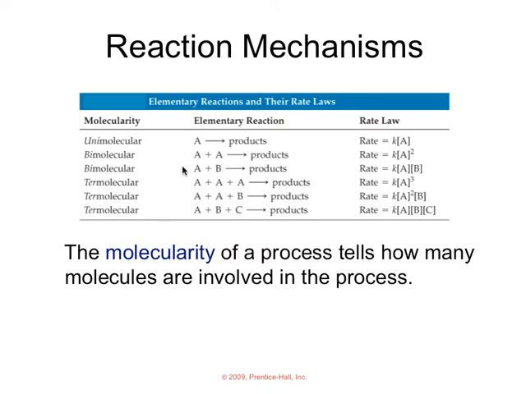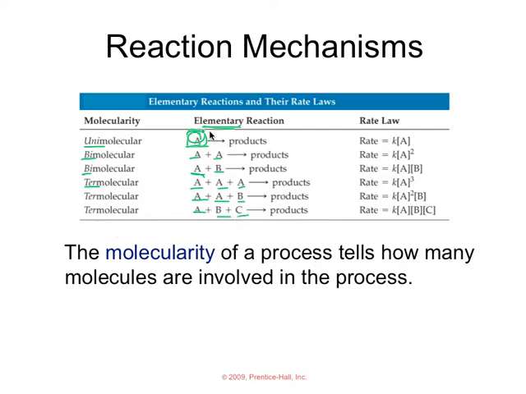So when we're talking about molecularity, we're literally talking about the number of molecules that show up as reactants in these elementary reactions. Unimolecular, I've got one molecule as a reactant. Bi, I have two. And then ter, hopefully you can see that that's going to have three molecules as reactants.